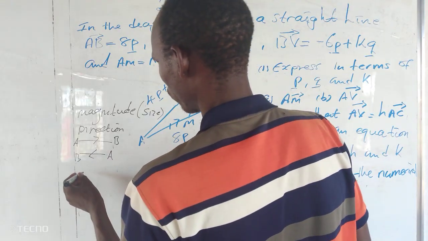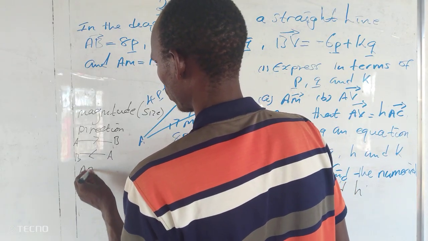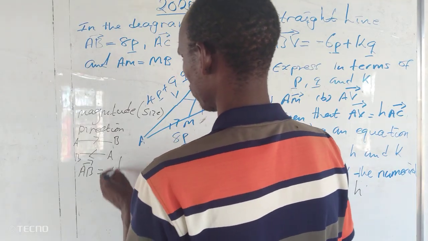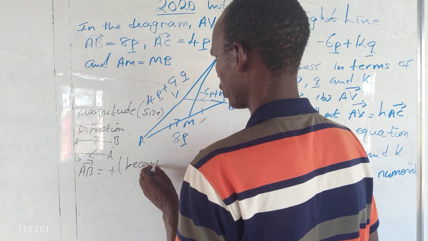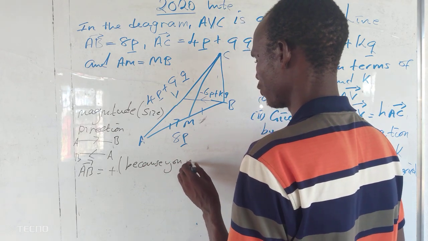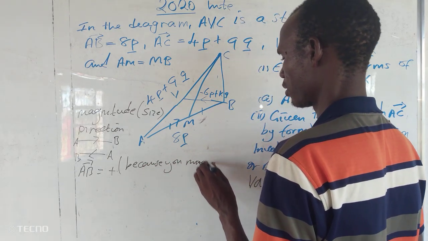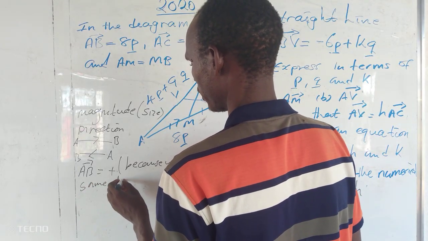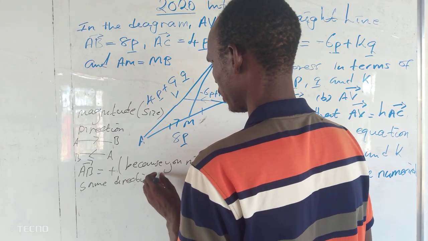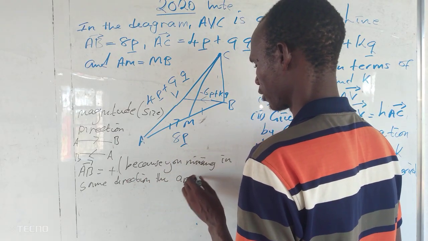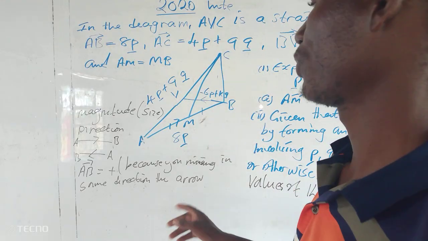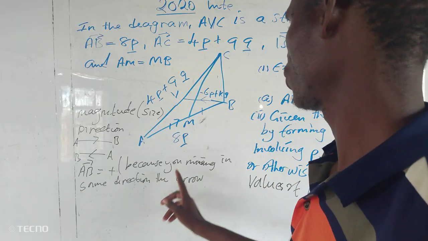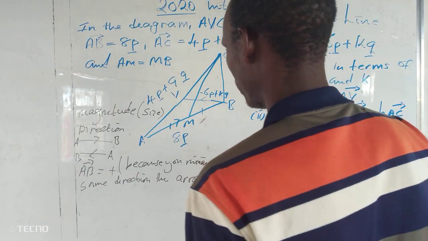The moment you move from A to B, you are going to have a positive, because you are moving in the same direction as the arrow. That is the reason we can give. Vector AB is positive because you are moving in the same direction as the arrow.